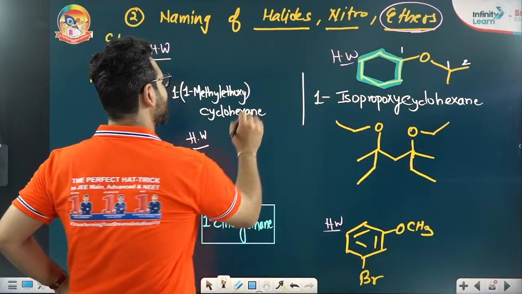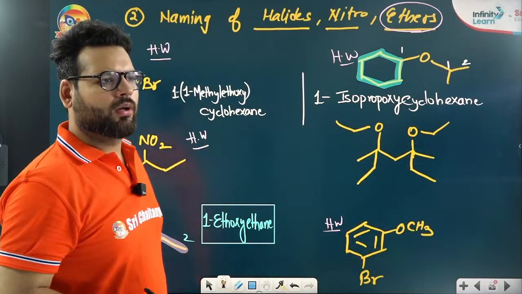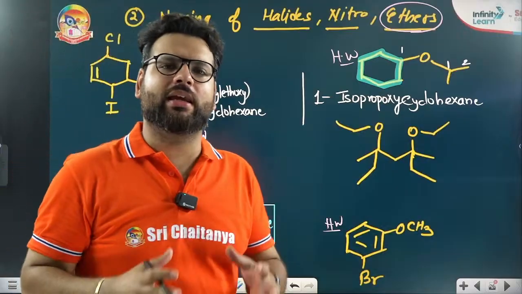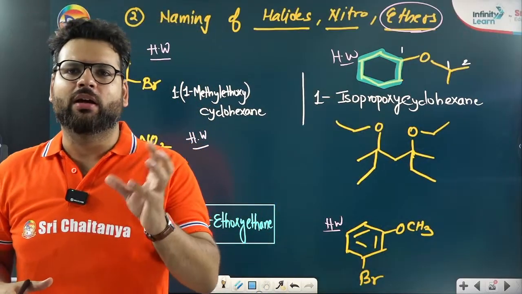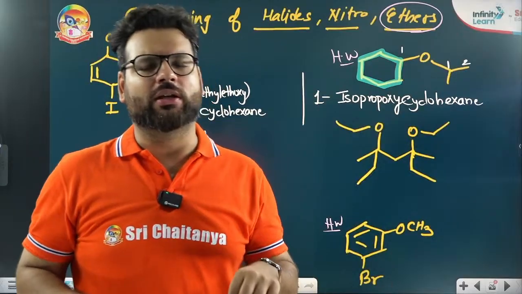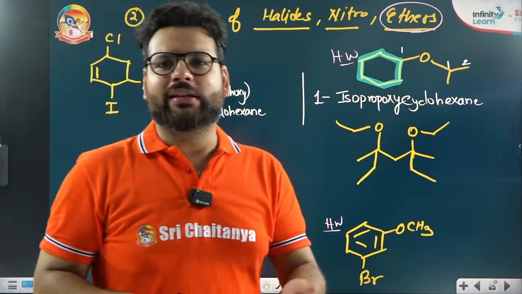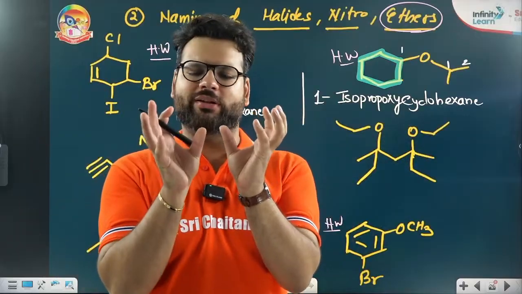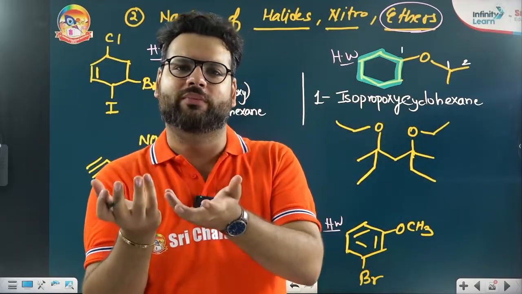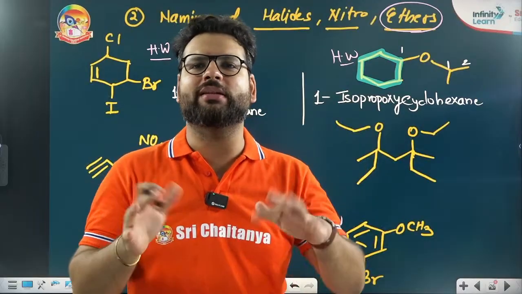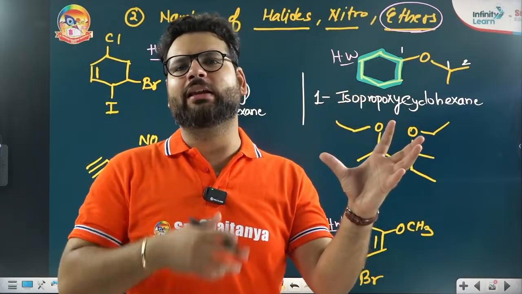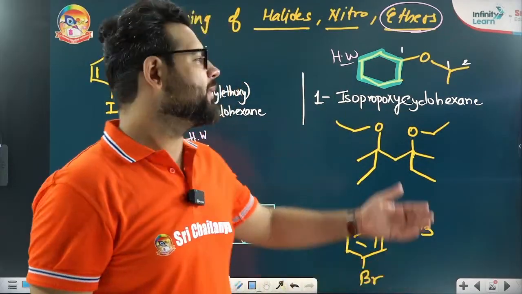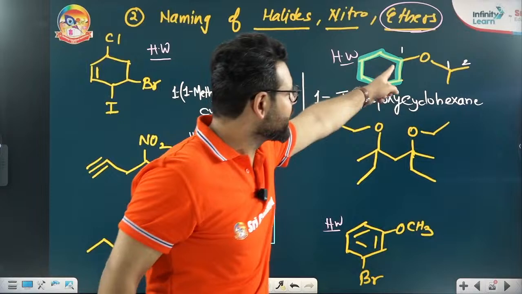It may be difficult for some of you. First, see what is the name of alkoxy. Alkoxy means alkyl plus oxy. What is the name of the alkyl? This alkyl is 1-methylethyl. So 1-methylethyl plus oxygen is 1-methylethoxy, because ethyl plus oxygen is ethoxy. 1-methylethoxy is attached on the first number.